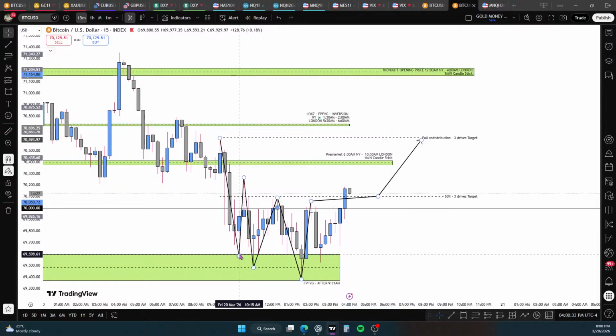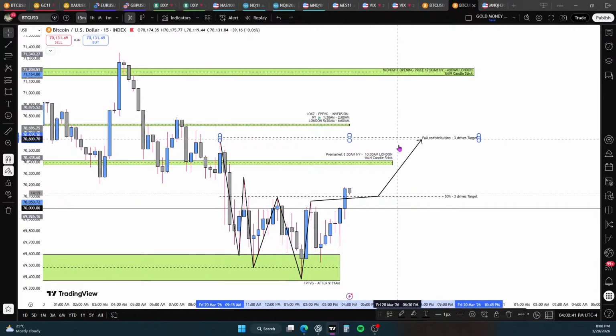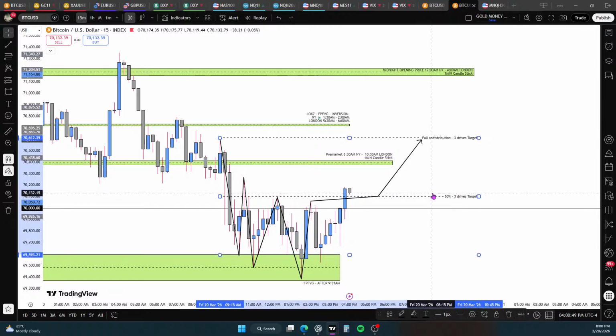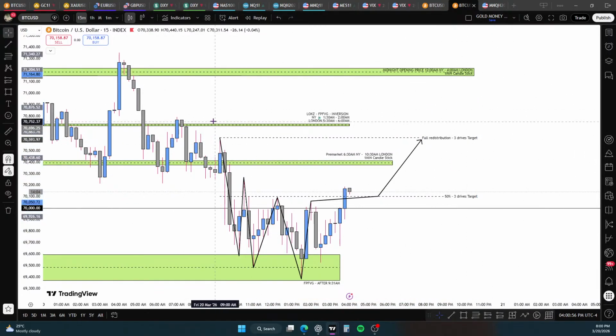Okay, and then the overall target is going to be the full redistribution. Not the expectation. The expectation will be 50%, okay? But what you would want to hope for is a full redistribution. So for price to take the whole of this range.